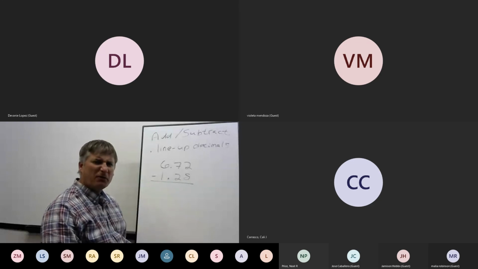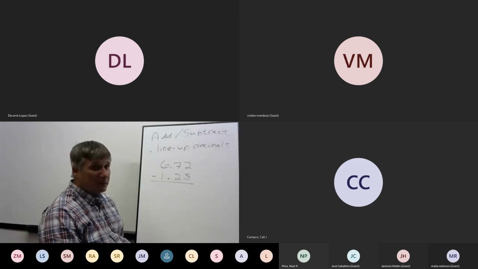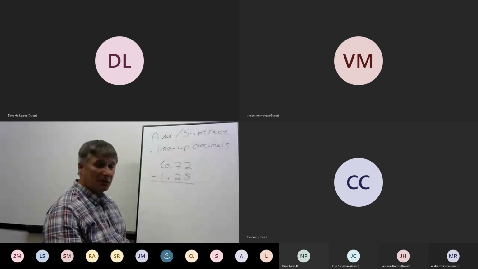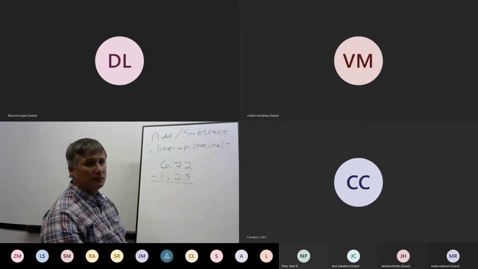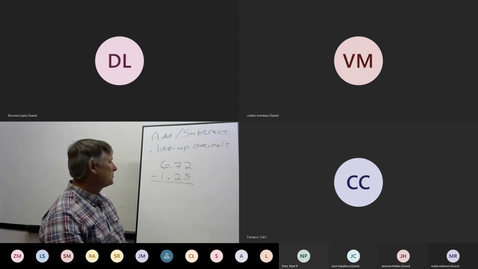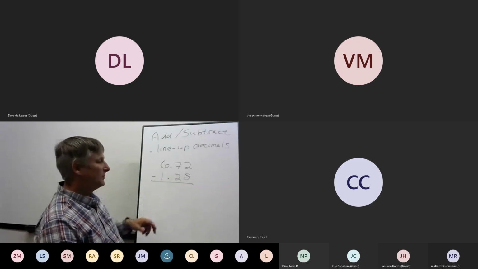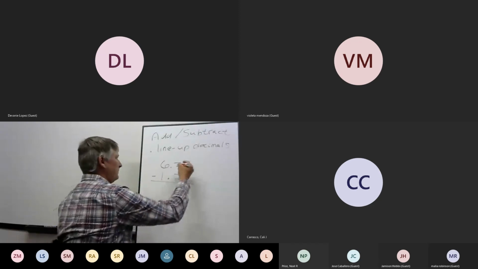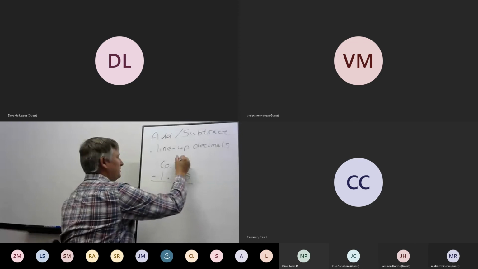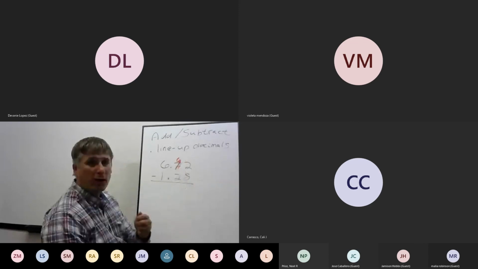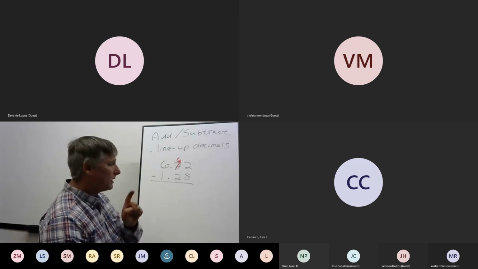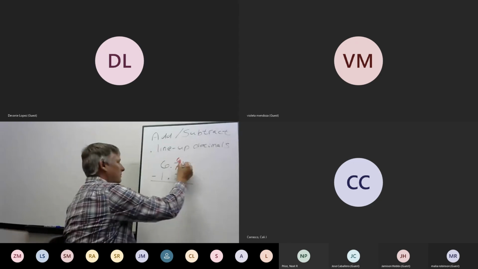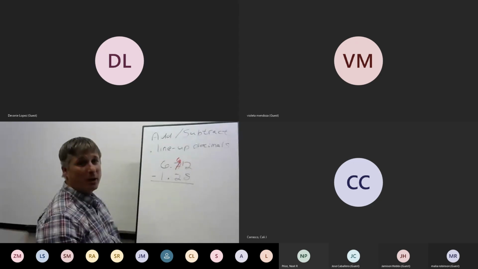And if you haven't done borrowing for a while, it can be a little confusing. So here's the thing with borrowing. 2 minus 8. You can't subtract 8 from 2. So we have to borrow from this. We reduce it by 1, so it goes from 7 to 6. And then that 1, we attach it there to make that 12.